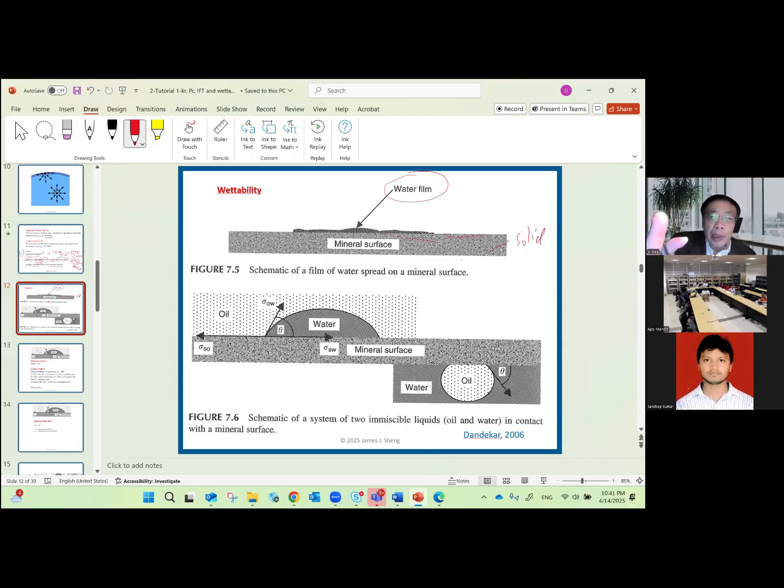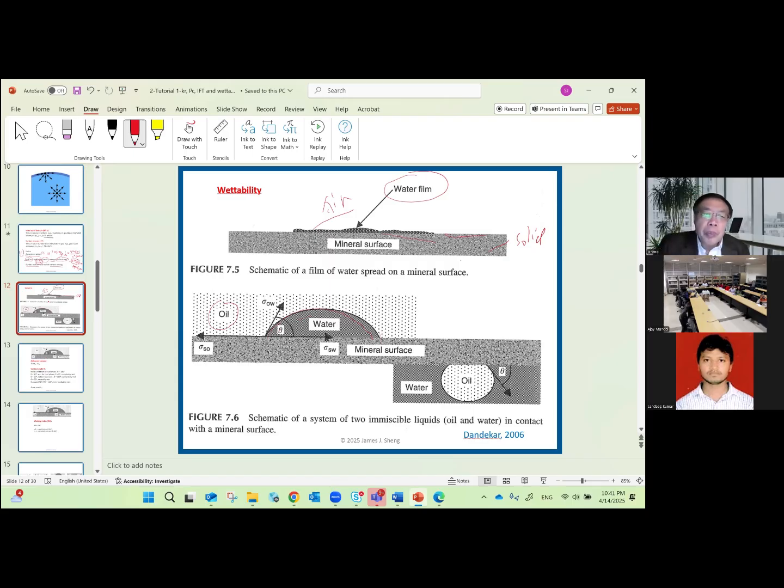But if you look at it closely, let's say you have a little water droplet staying on the surface, and here you have air. That is what you probably experience in daily life.